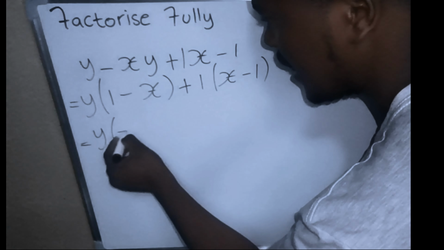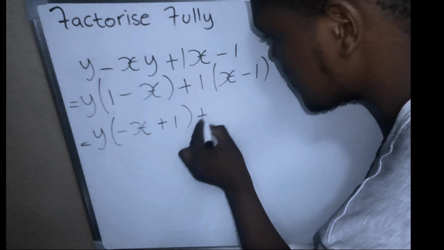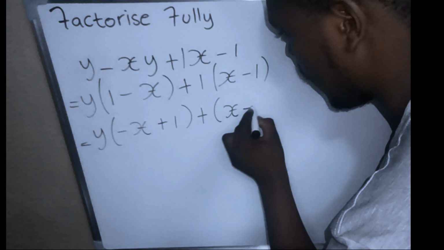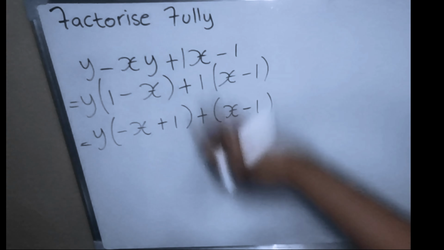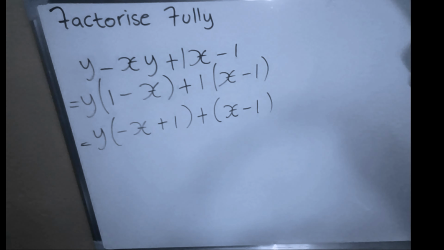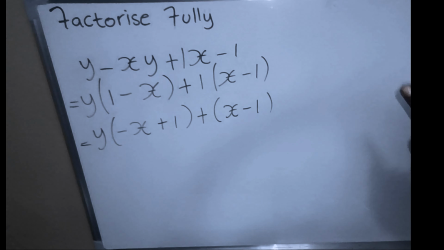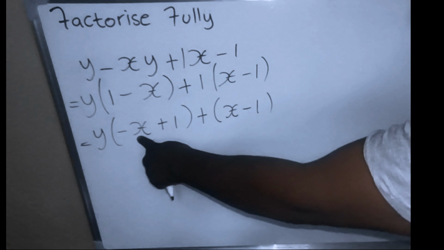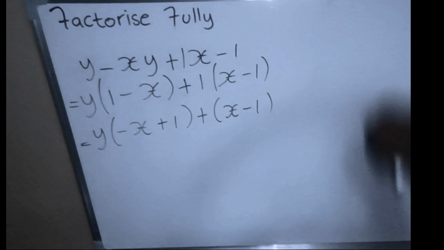I'm going to have negative x plus 1 plus x minus 1. This invisible 1 is not necessary, by the way, it's always there. I've just swapped them, I didn't change anything. Now, the signs should be the same. We've got positive x and negative x. I need to have positive x on both sides. How do I do that?